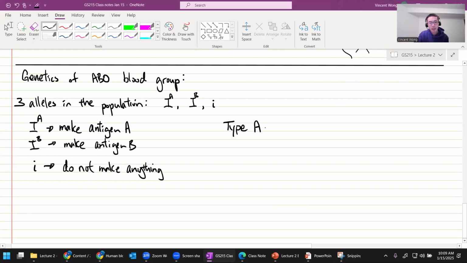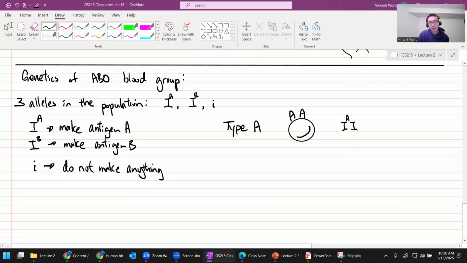So type A blood. This is the phenotype, okay? Phenotype type A. How are you type A? Well, if you're type A, then your red cells will have A protein on them. This is the letter A. And how do you put A on your red cells? Well, you will need the IA allele.